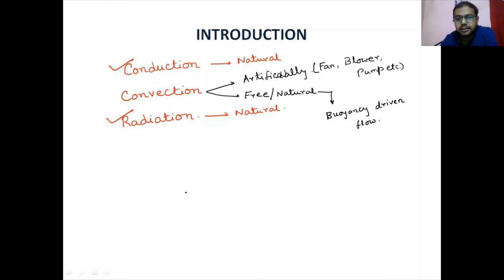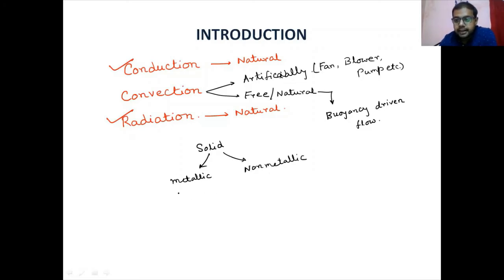Conduction can happen mostly in the case of solids, because solids are good conductors of heat. So how many types of solids are there? Solids may be metallic, or non-metallic.